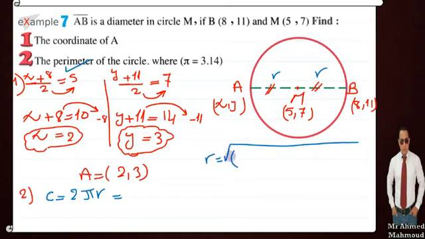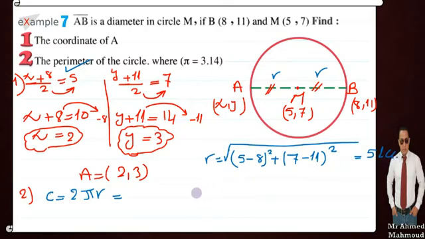Okay, I will find it by using M and B. Then it will be the square root of (5 minus 8) to the power of 2 plus (7 minus 11) to the power of 2. It's equal to 5 length units.